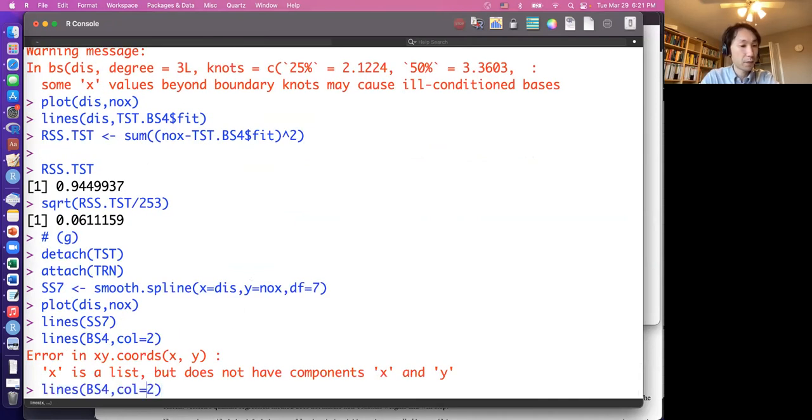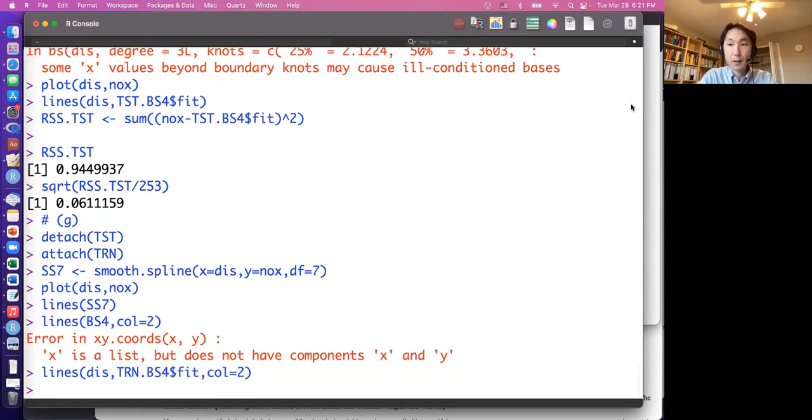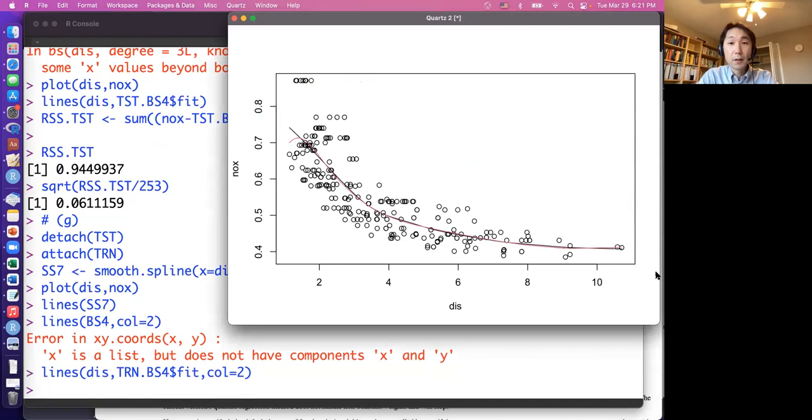Yeah, BS4, so do it as distance and the training BS4 fit. So you can see almost the same curve, but with slight difference, especially the left end. Also, maybe if you are careful, the right end.